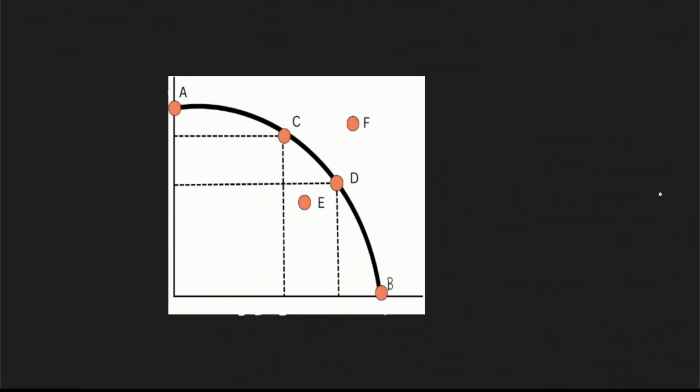Now, opportunity cost can also be represented on production possibility curve diagrams, or PPC diagrams, sorry. So what this represents essentially is the maximum combination of any two products.